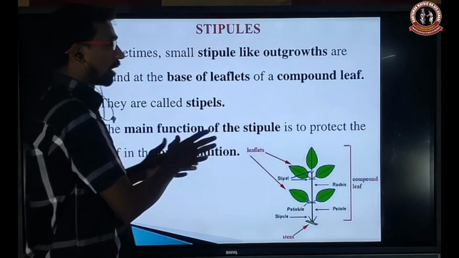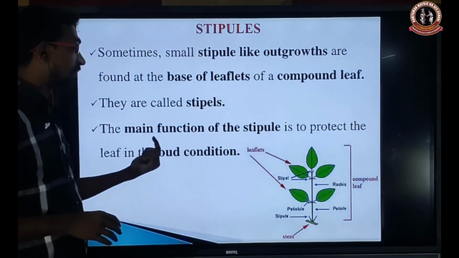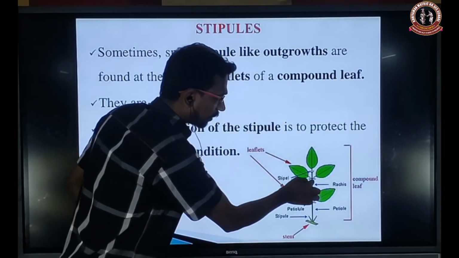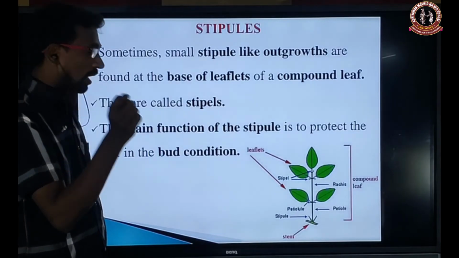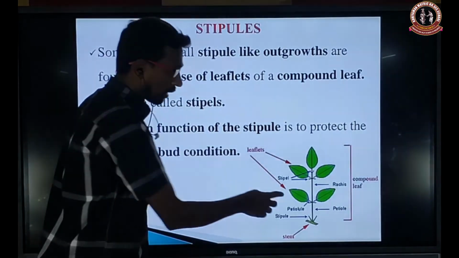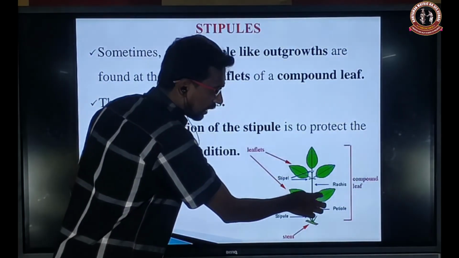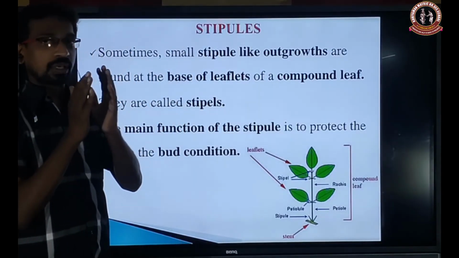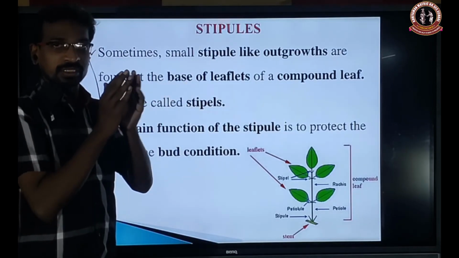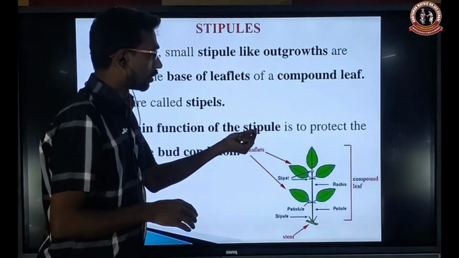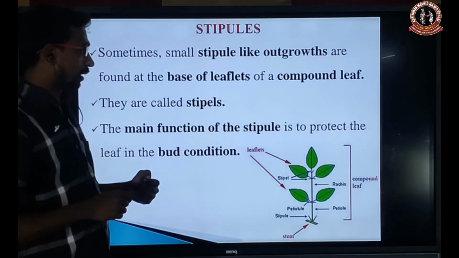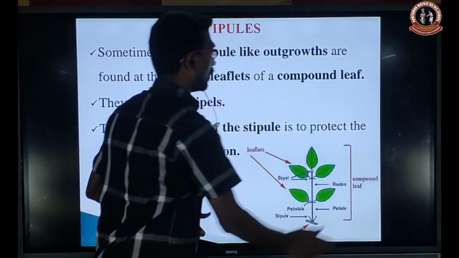The main function of the stipule is to protect the leaf in bud condition.